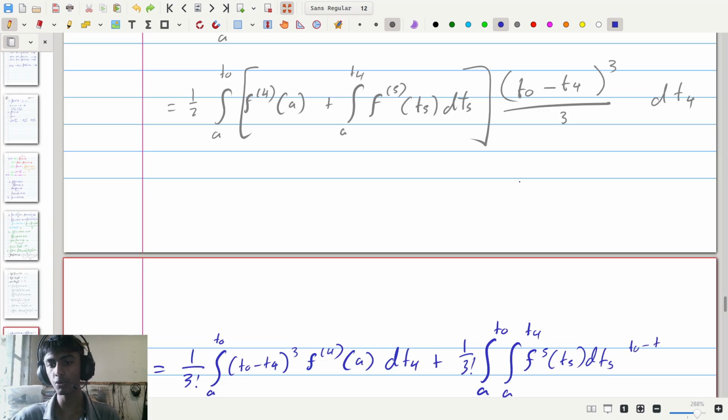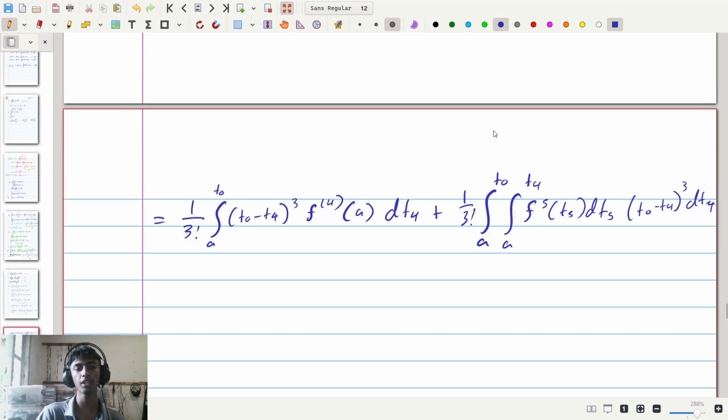Actually, since we removed the 3, we have that part also outside, so we have (t0 minus t4) cubed dt4. So this is the expression that we have.